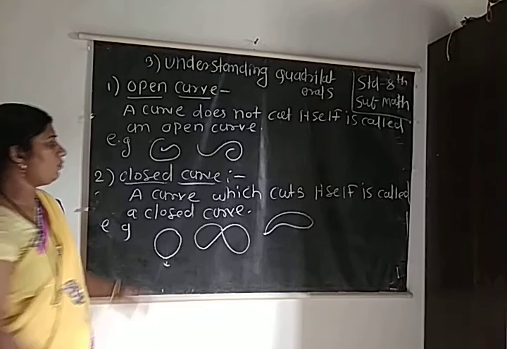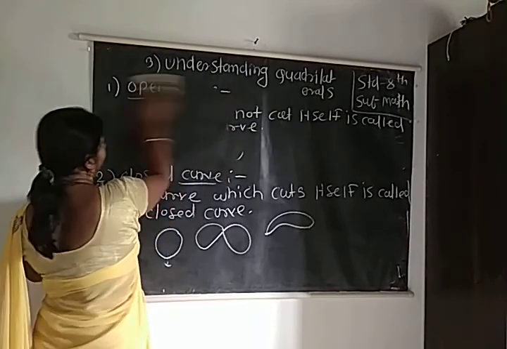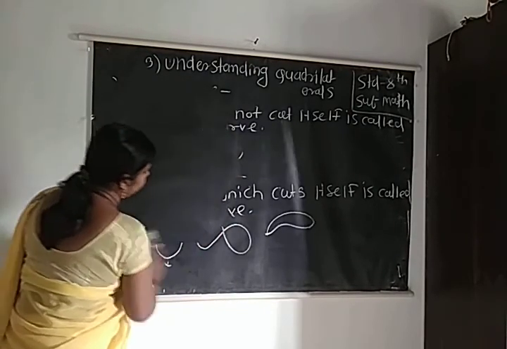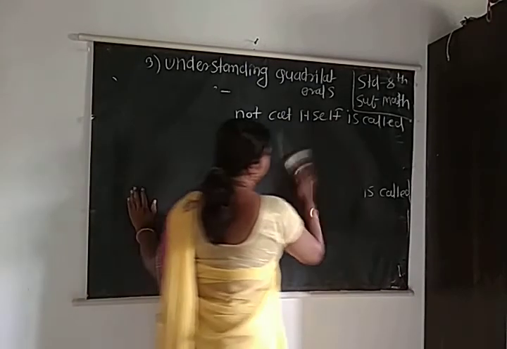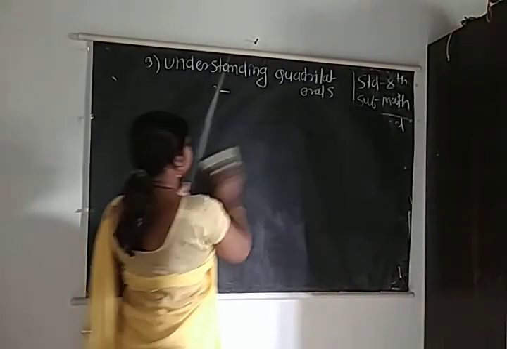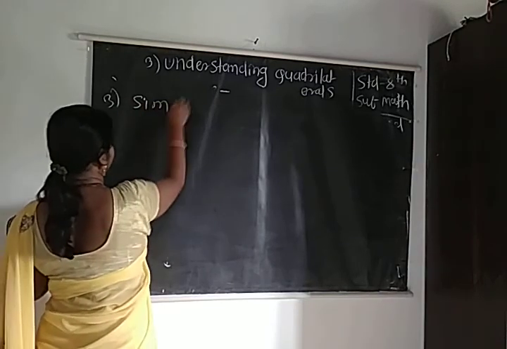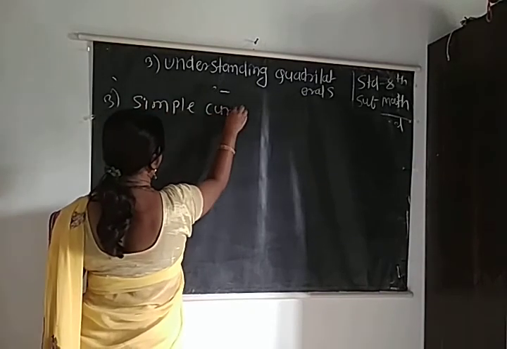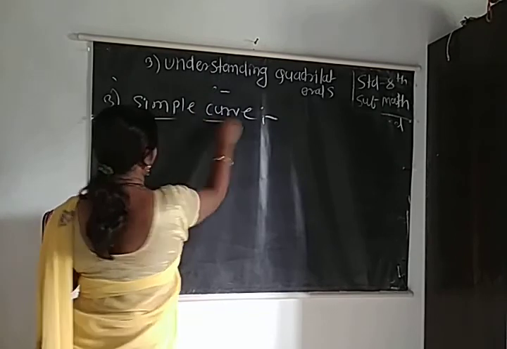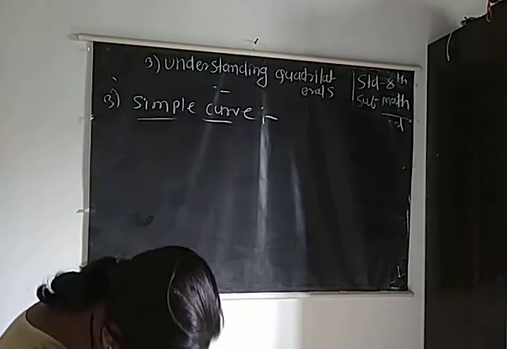Now the next point is simple curve. So what is meant by simple curve? The third point is simple curve. What is the definition of simple curve?